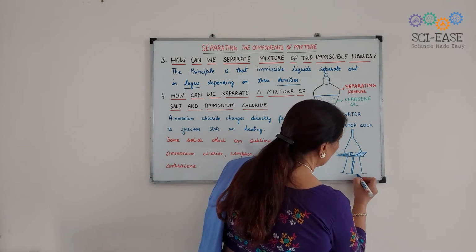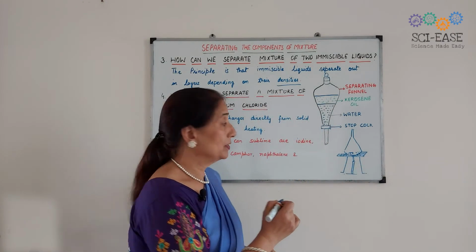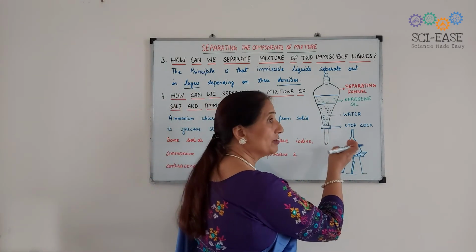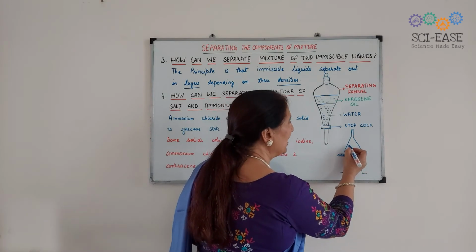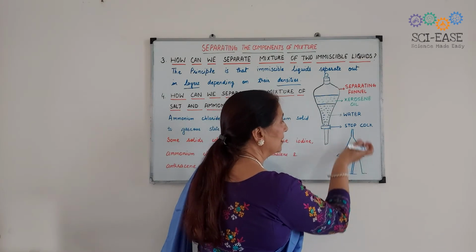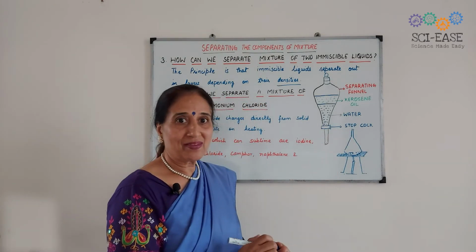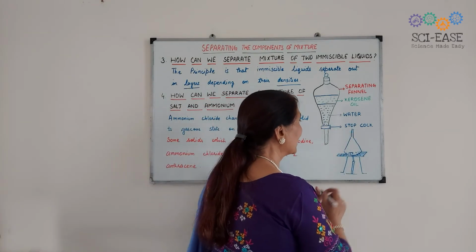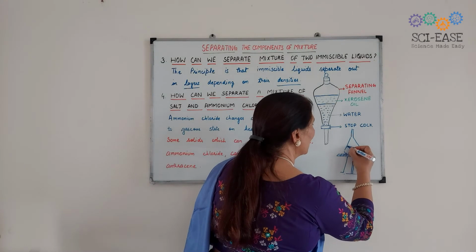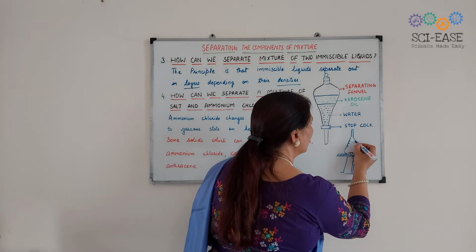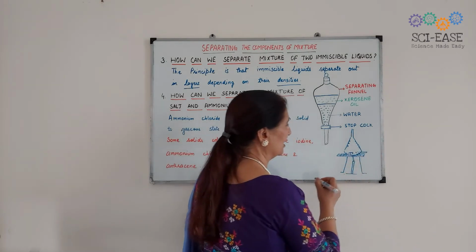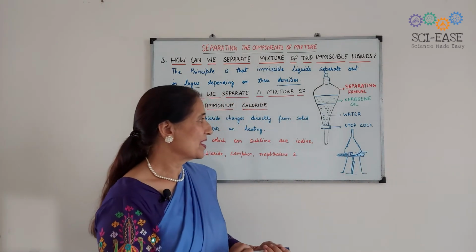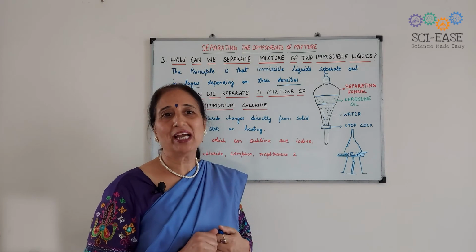What you will observe is that ammonium chloride, which is in the solid form, will evaporate and will condense on the inner wall of the funnel. Okay? And the salt will be left behind.